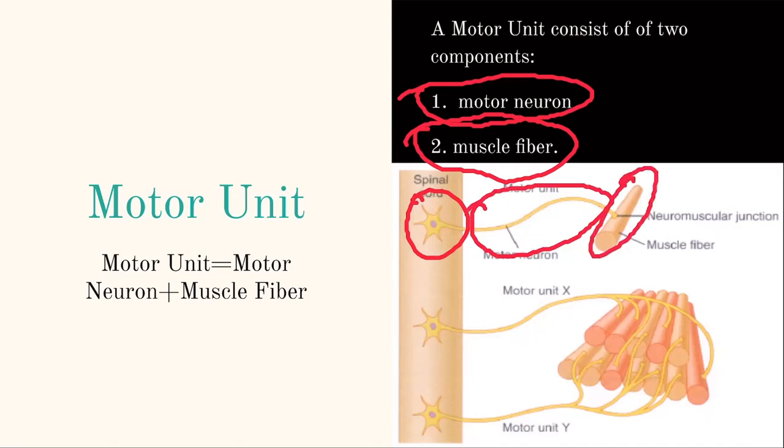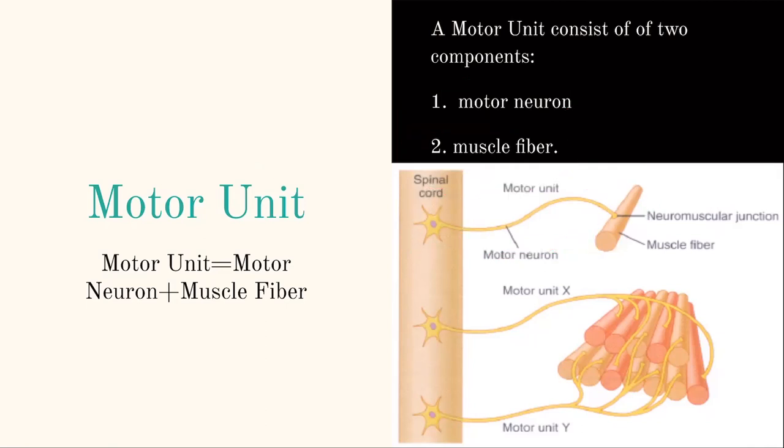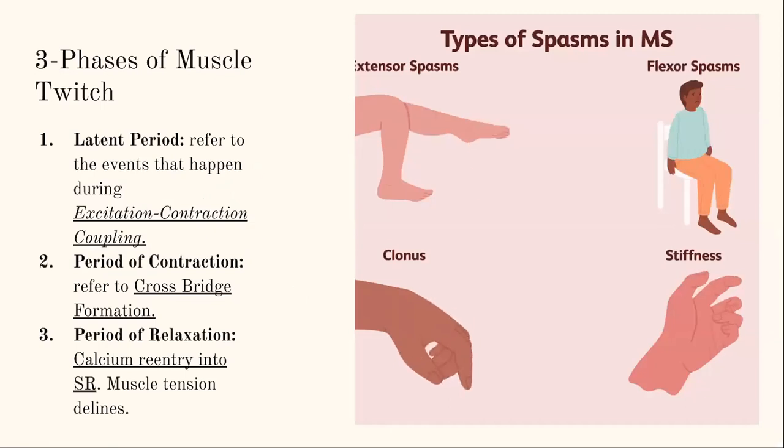So all of that equals one entire motor unit. And the three phases of muscle twitch: one is the latent period, second is the period of contraction, and three is the period of relaxation.